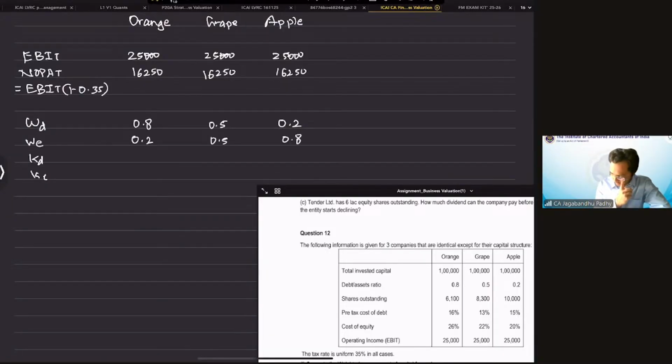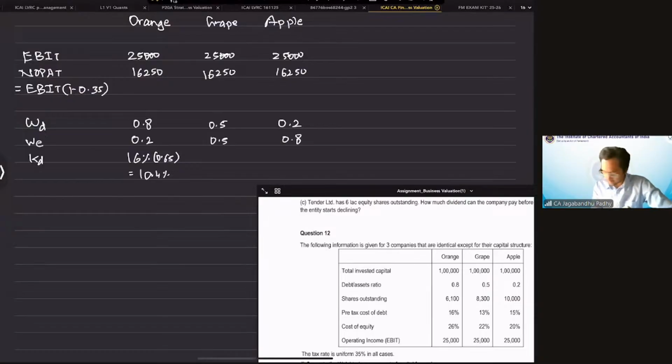And then the cost of debt. We have the pre-tax cost of debt as 16%, 13%, and 15%. So let's make it post-tax. 16% into 0.65 is 10.4%.